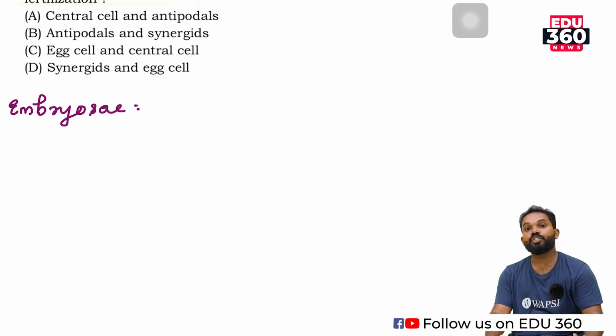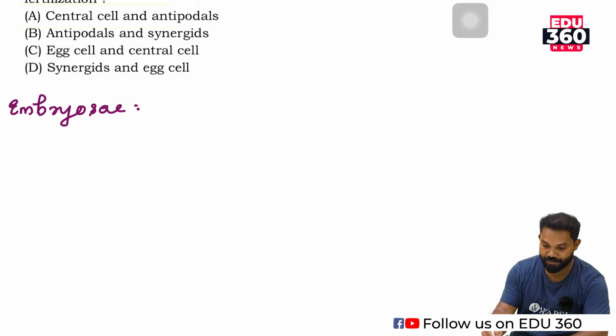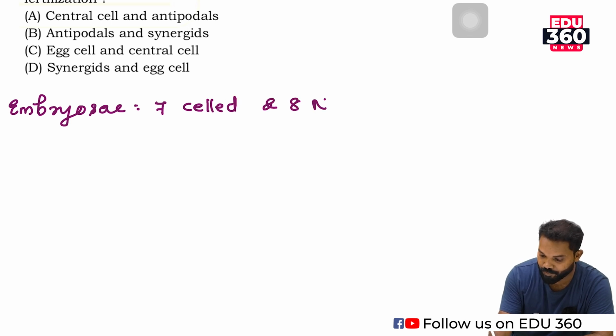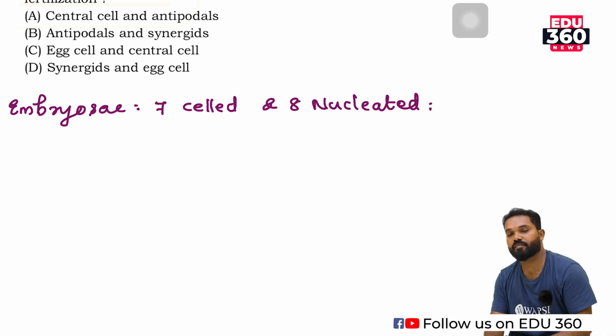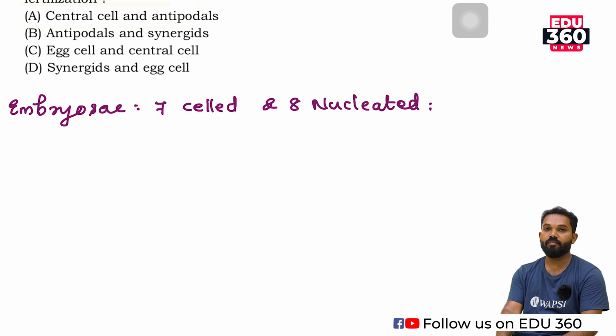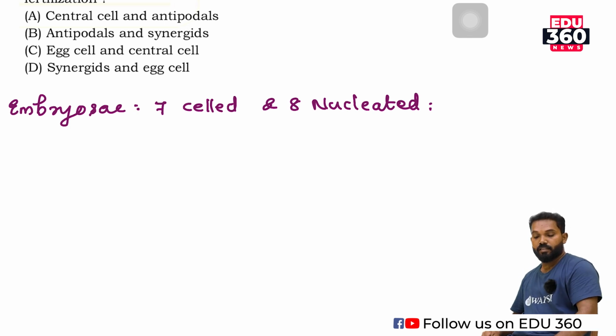We know that the angiospermic embryo sac is 7-celled and 8 nucleated. Then what is the ploidy? Ploidy is the chromosome number. Directly it represents the number of chromosomes of a cell or of a nucleus.